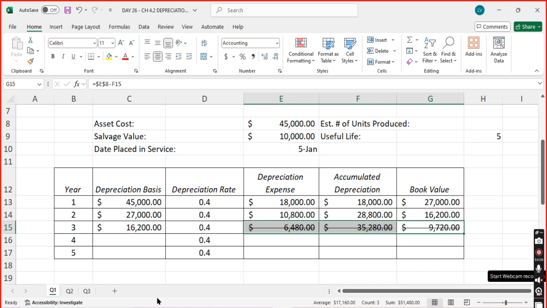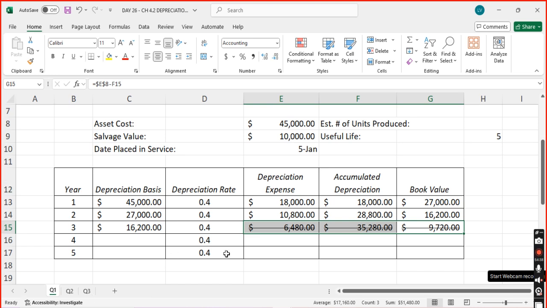Subtract the 16,200 by the 10,000. Yes. So in this case, that's the quicker way to do it. That is one way you can do it.